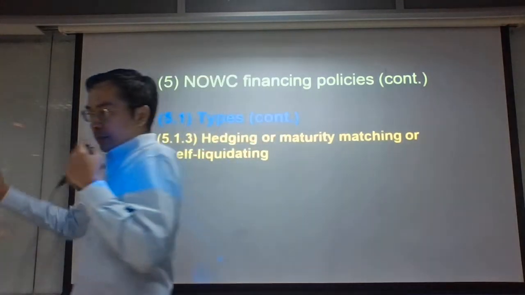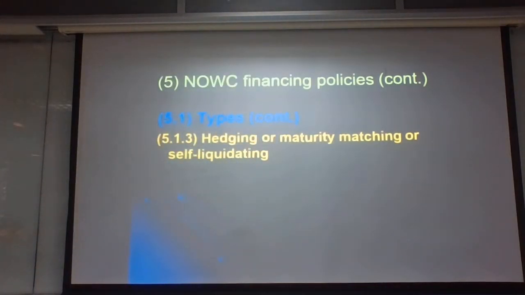A general principle is easy. Finance short-term assets by using short-term funds. Finance long-term assets by long-term capital. This is very broad and general. So you match the maturities of the funds and the assets.